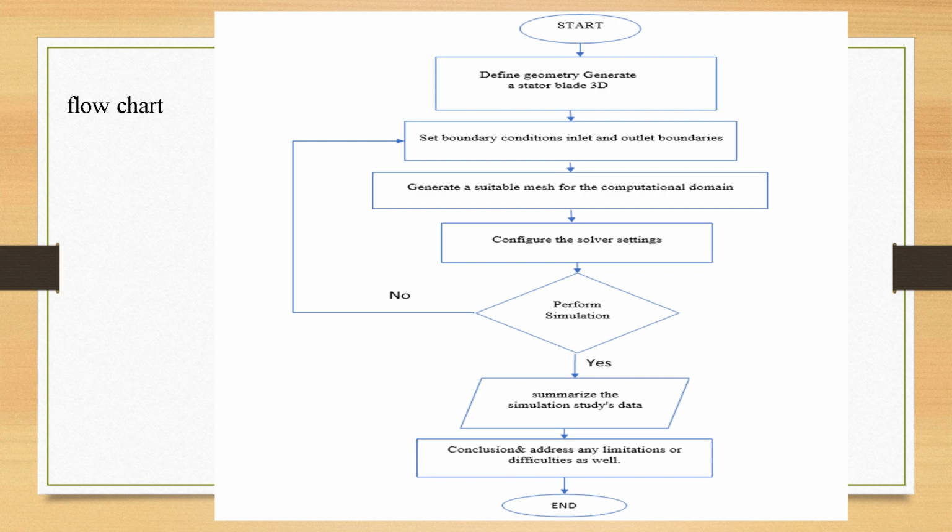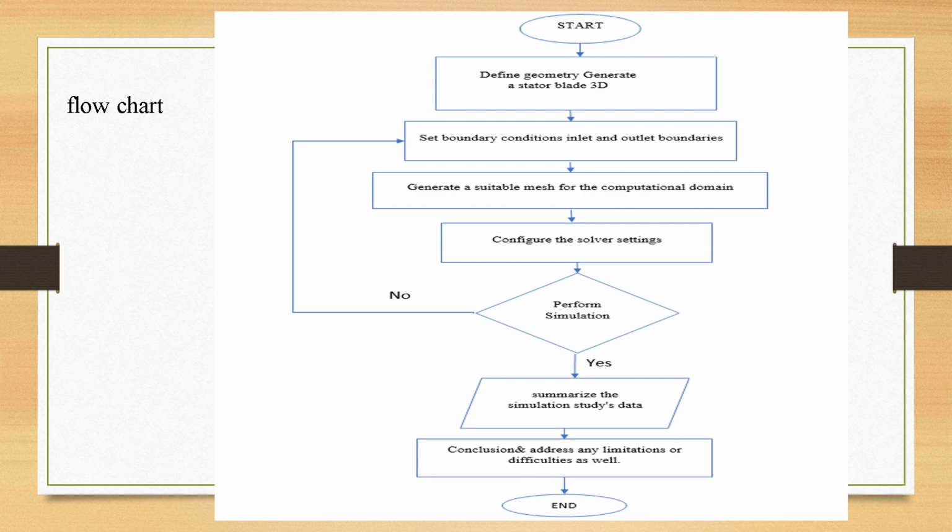As you can see here, this is the flowchart. We start and then define the geometry, generate a stator blade 3D, and then set boundary conditions, inlet and outlet boundaries, and then generate a suitable mesh for the computational domain, and then configure the solver settings, and then process and perform the simulation.